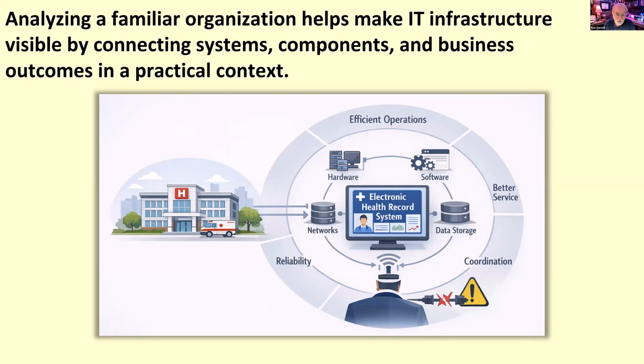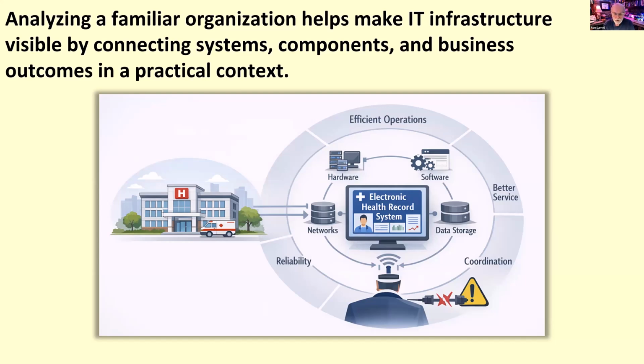For this activity, we can think about an organization that we know well, like a university, a healthcare provider, a retailer, a logistics company, a bank, or a government office. The goal is to identify one important information system used by that organization and then examine the infrastructure that supports it. Here we're looking at the electronic health record system in a medical setting.